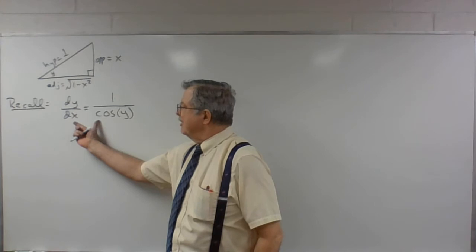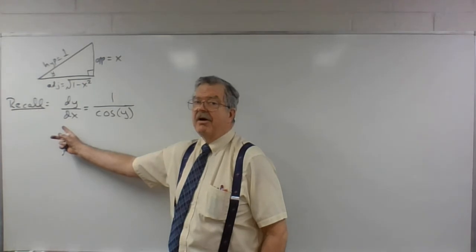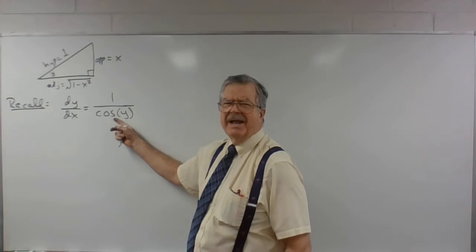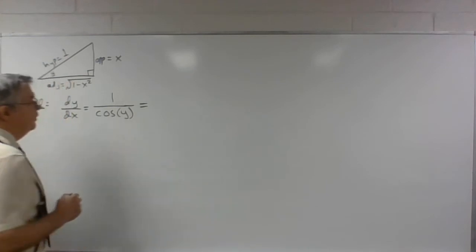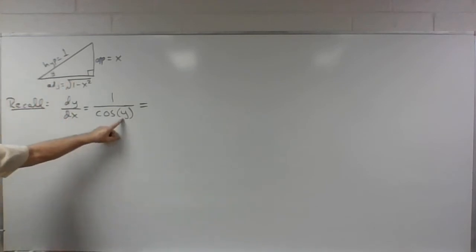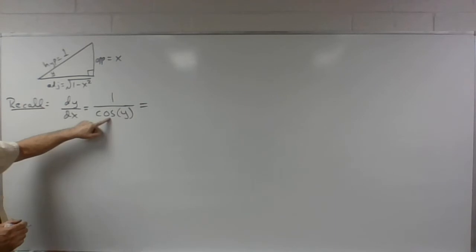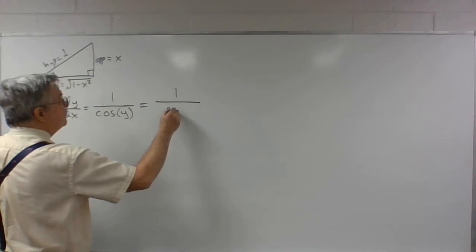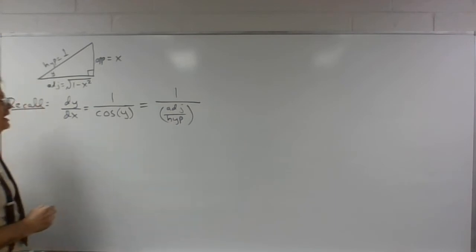Here's where we left off. dy dx, this is what we want. This is the derivative of arc sine of x. And we have it as a function of y. We want it as a function of x. Well, what is y? y is the angle of this right triangle. And what is the cosine of y? The cosine of y is going to be the adjacent over the hypotenuse.